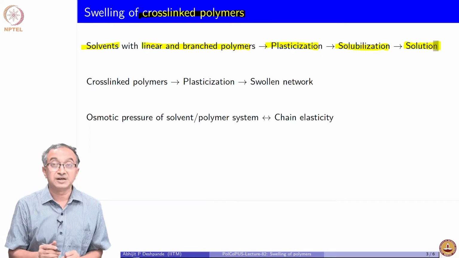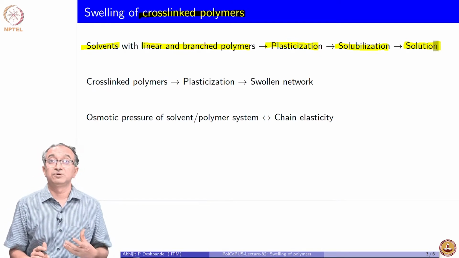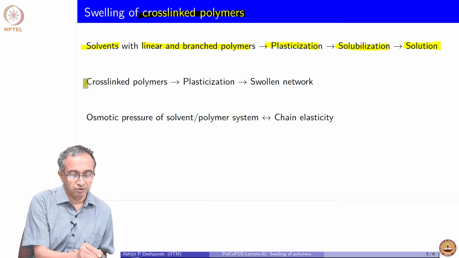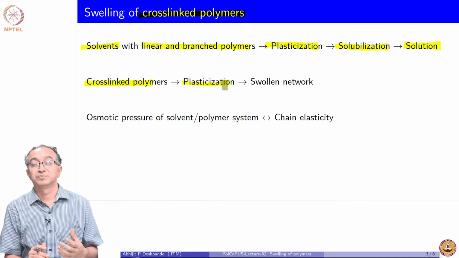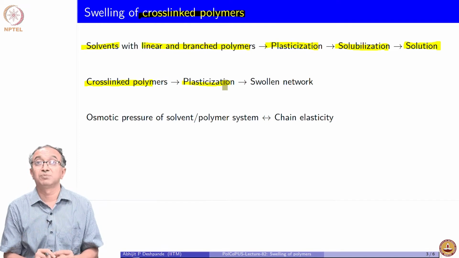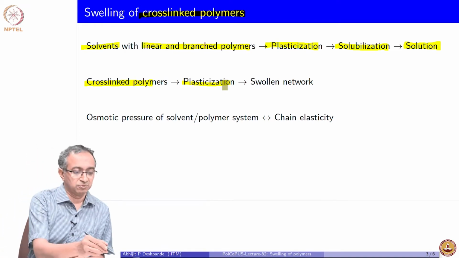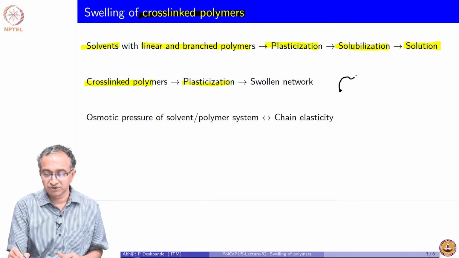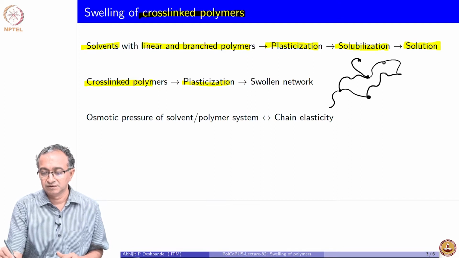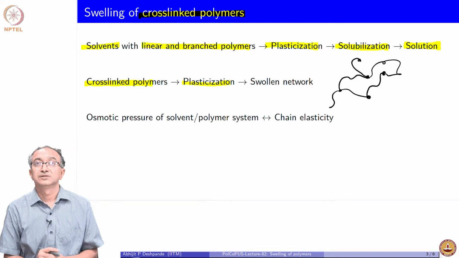But let us say there is a favorable small molecule which interacts with a cross-linked polymer. It will increase the segmental mobility, but because of the cross-links, which are covalent bonds, the polymer molecules cannot get solubilized. There is a cross-link point which prevents the macromolecules from getting solubilized.